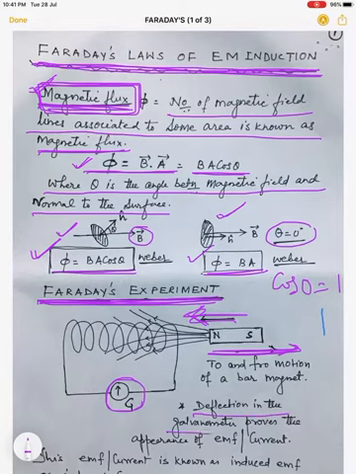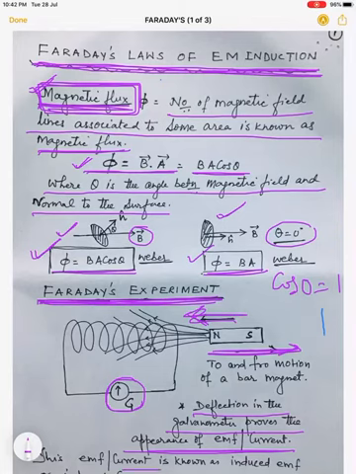The deflection in the galvanometer proves the appearance of EMF or current. So by simply using a magnet and its movement to and fro, one can induce a current in the coil. No doubt that current is temporary and lasts only as long as the change is maintained.